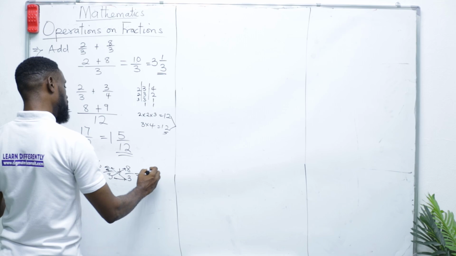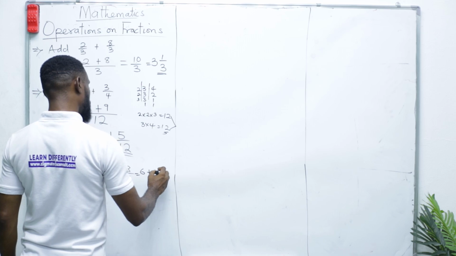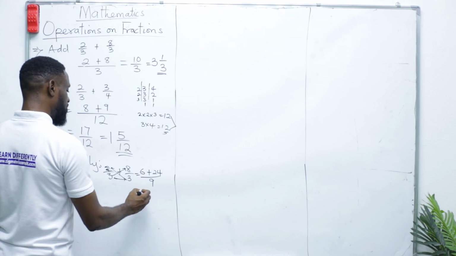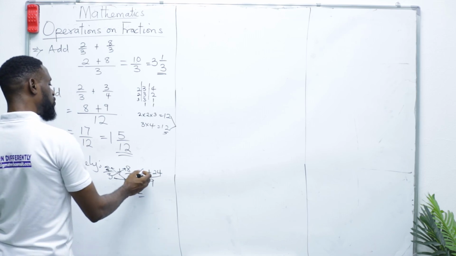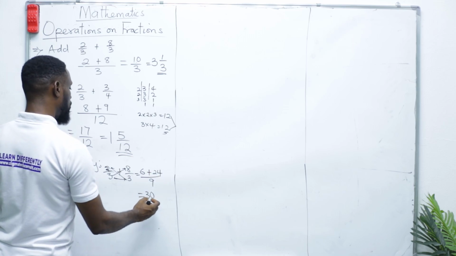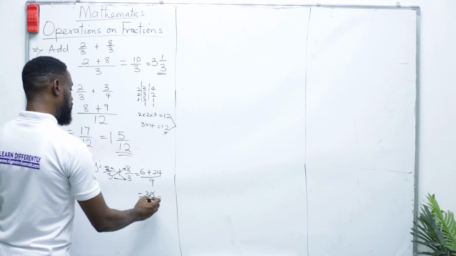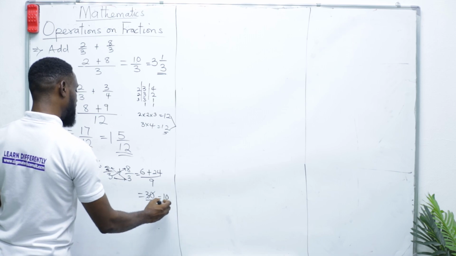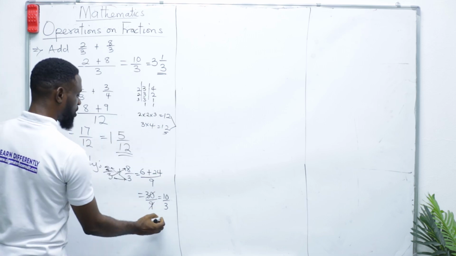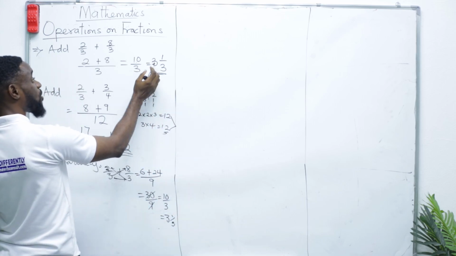This is 6, plus 3 times 8. This is 24. 3 times 3. This is 9. You see that? So 6 plus 24 gives us 30 all over what? 9. Okay. 3 in 30 will give us 10. 3 in 9 will give us what? 3. That is this 10 over 3, which will now be equal to 3 whole number 1 over 3, according to what we were able to do here.